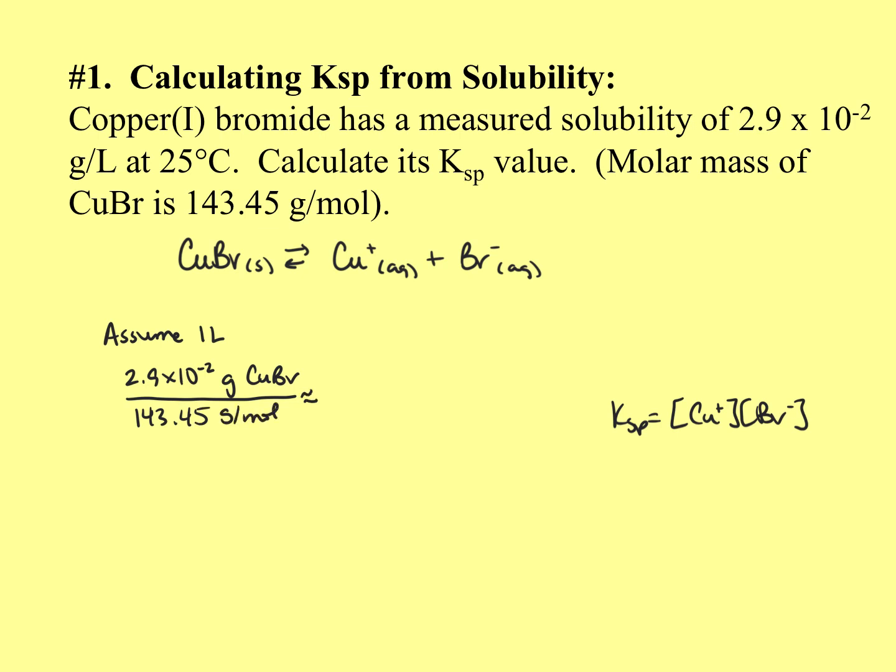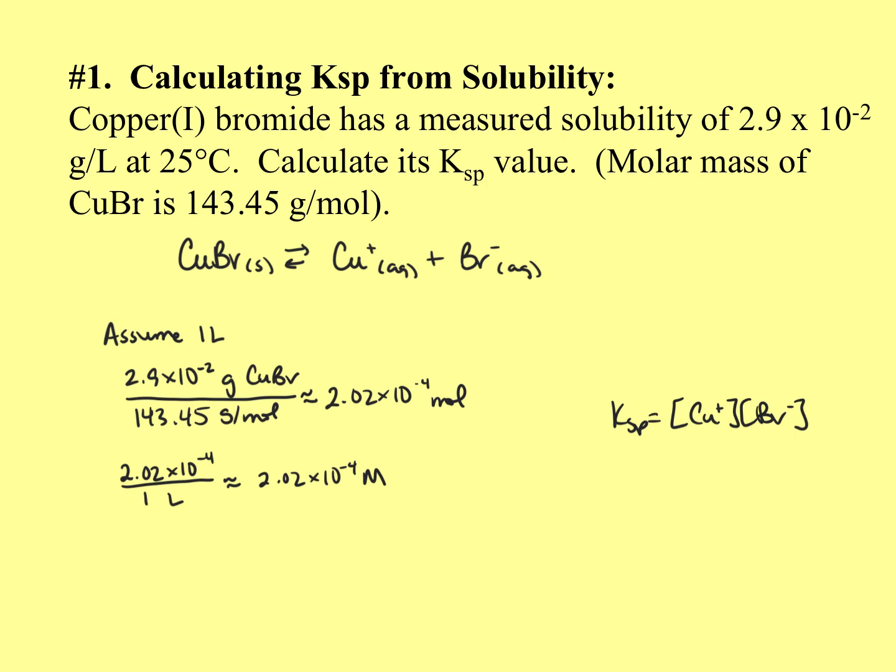That approximates to 2.02 times 10 to the negative 4 mole. So if you have 1 liter, the concentration would just be 2.02 times 10 to the negative 4 molarity.